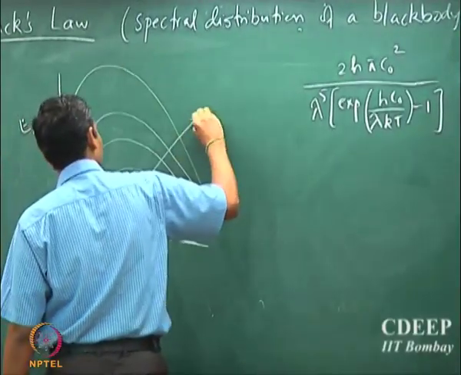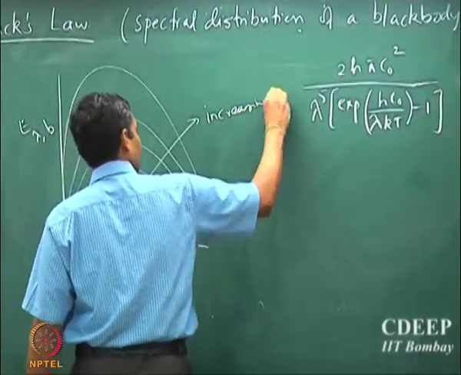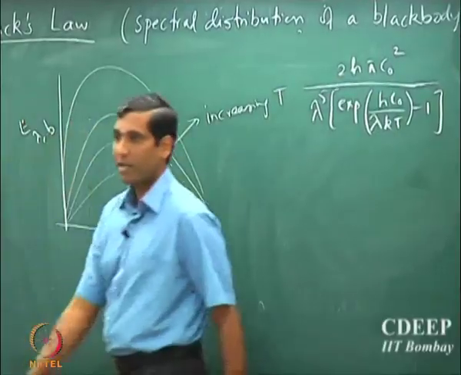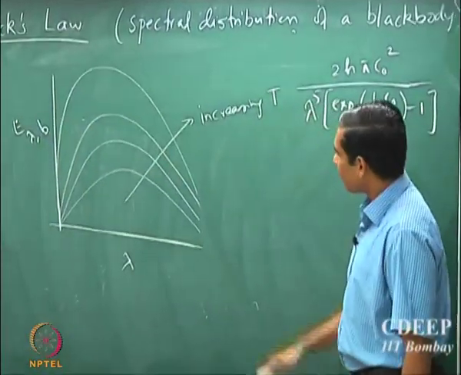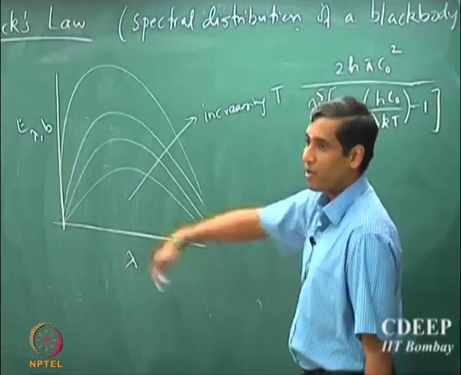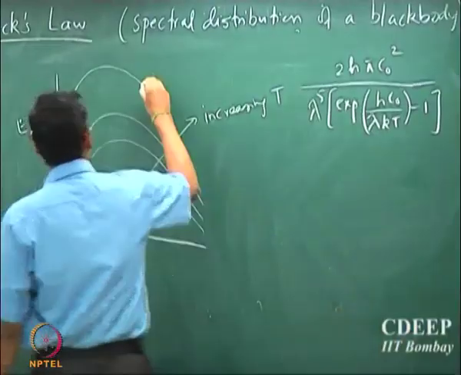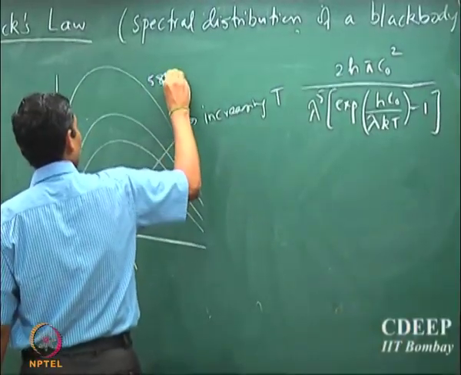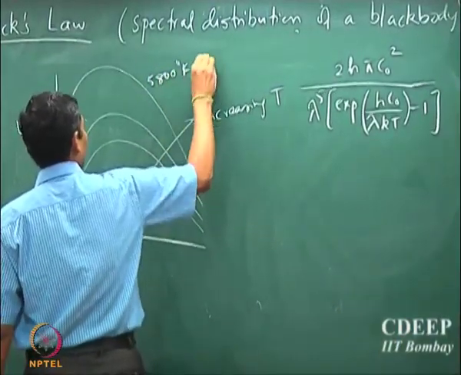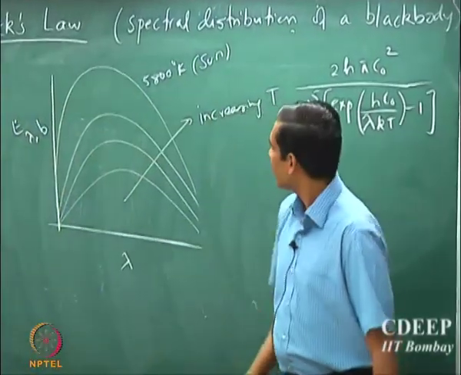So this is as increasing temperature. And this has been plotted, it is very easy to plot this, just put a different temperature and plot it as a function of the wavelength. People have done this for the temperature of the sun, which is approximately 5800 Kelvin.